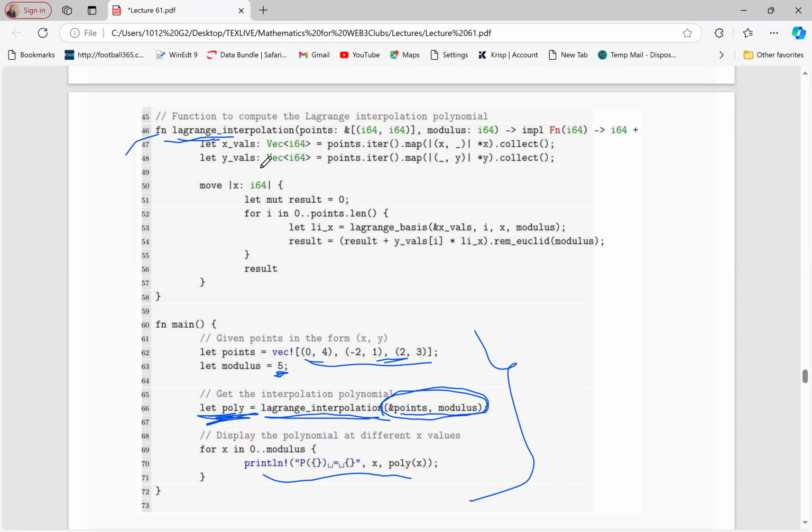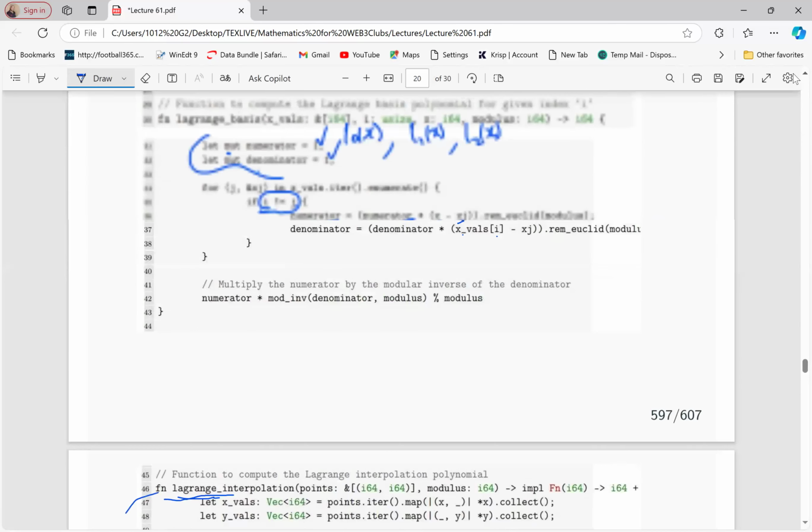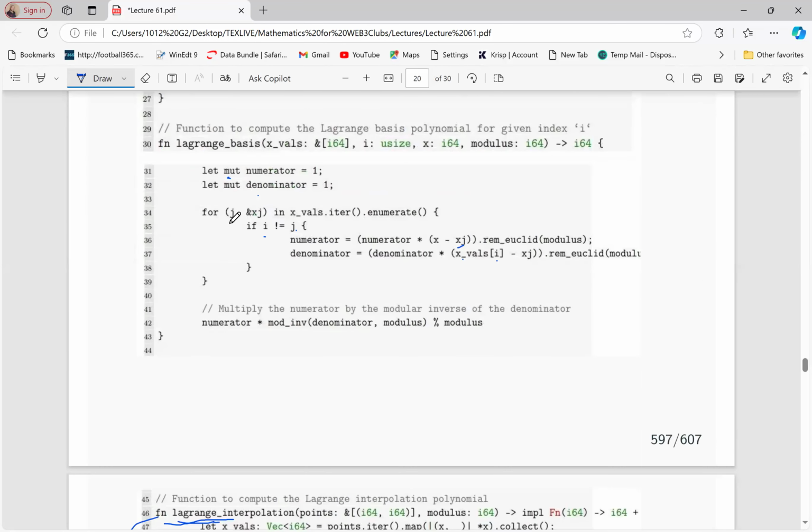But at some point it discovers it cannot do some things, then it calls on other functions. For instance, when it cannot find the inverse, it gets the inverse from above. And when it cannot find the Lagrange basis, it also gets the Lagrange basis from here.